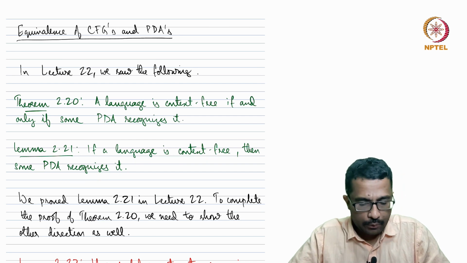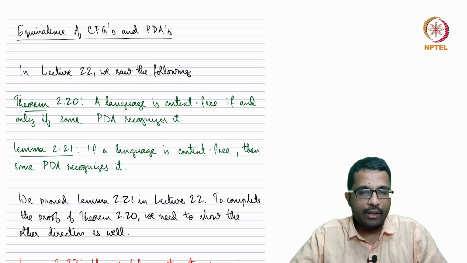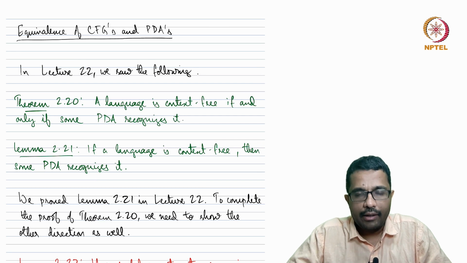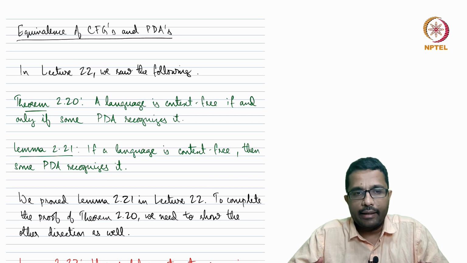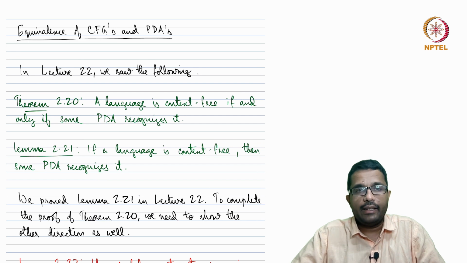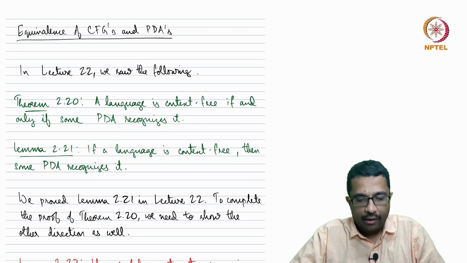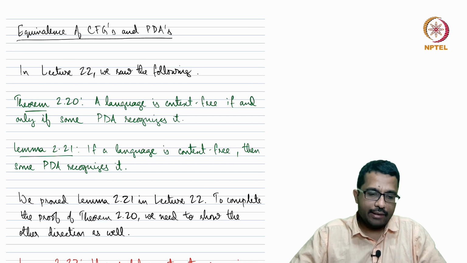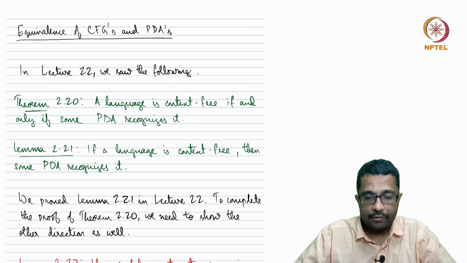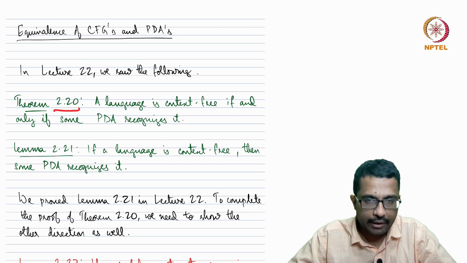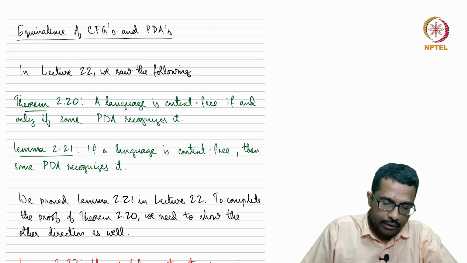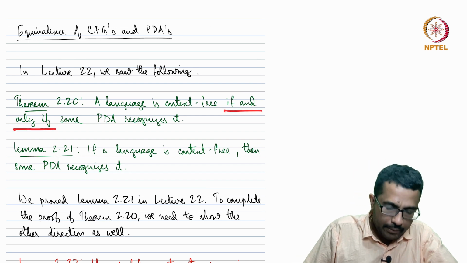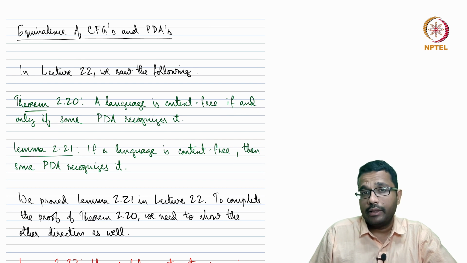We completed this proof by explaining how, given a context free grammar, we can construct a PDA that is equivalent. So that's how we proved lemma 2.21. That constitutes one half of the proof of theorem 2.20. Theorem 2.20 is an if and only if statement, so it needs both directions of the proof.